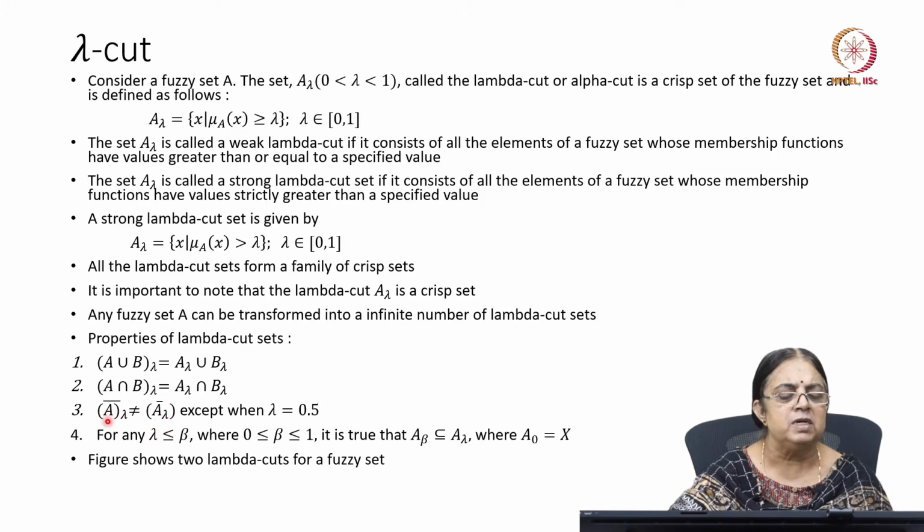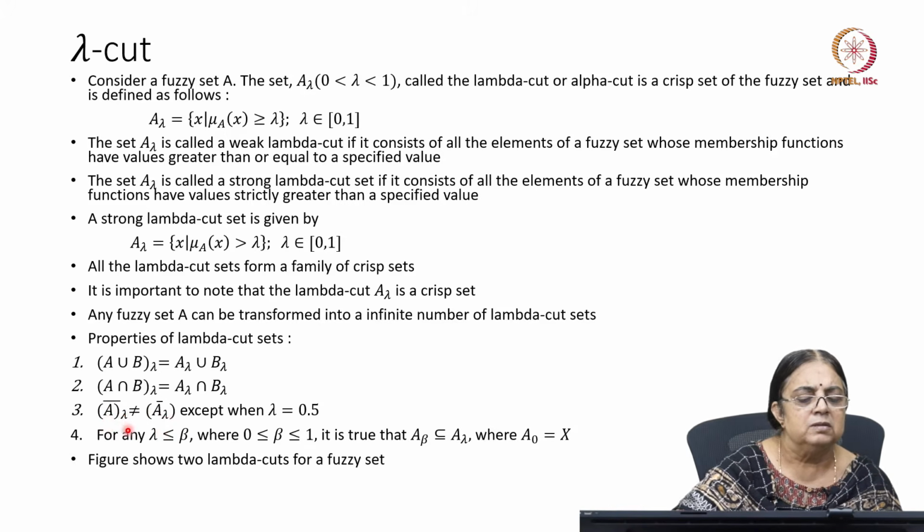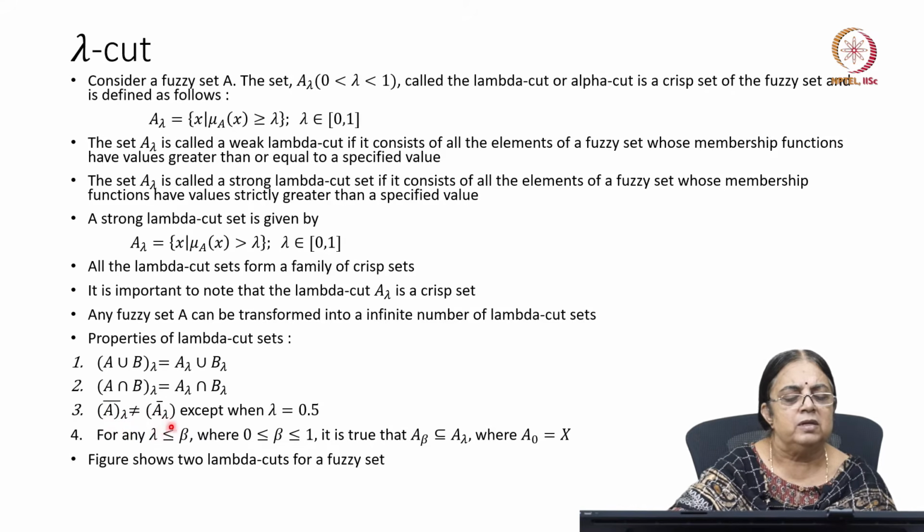So that is you are taking the A bar and finding the lambda cut of that, and that is not equal to finding lambda cut and taking the A bar of that.